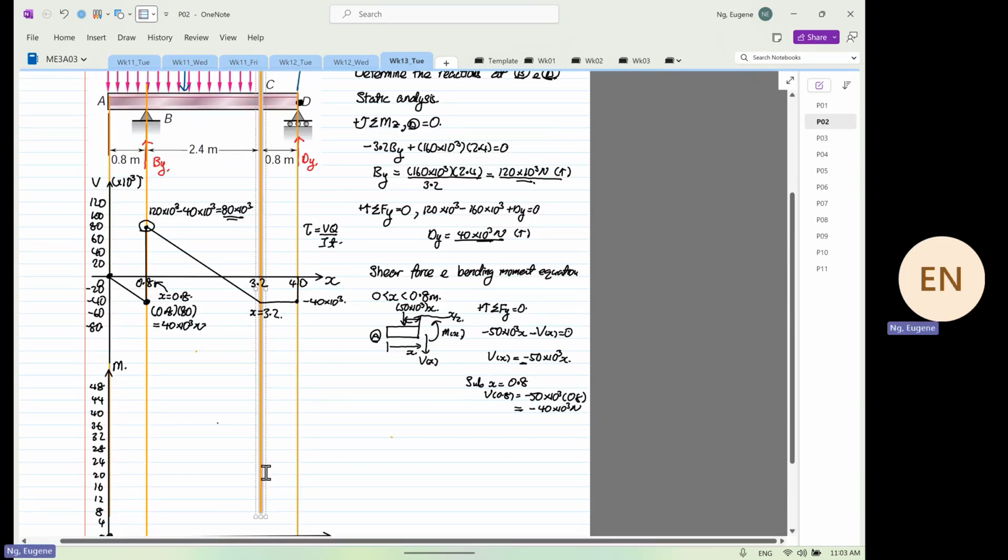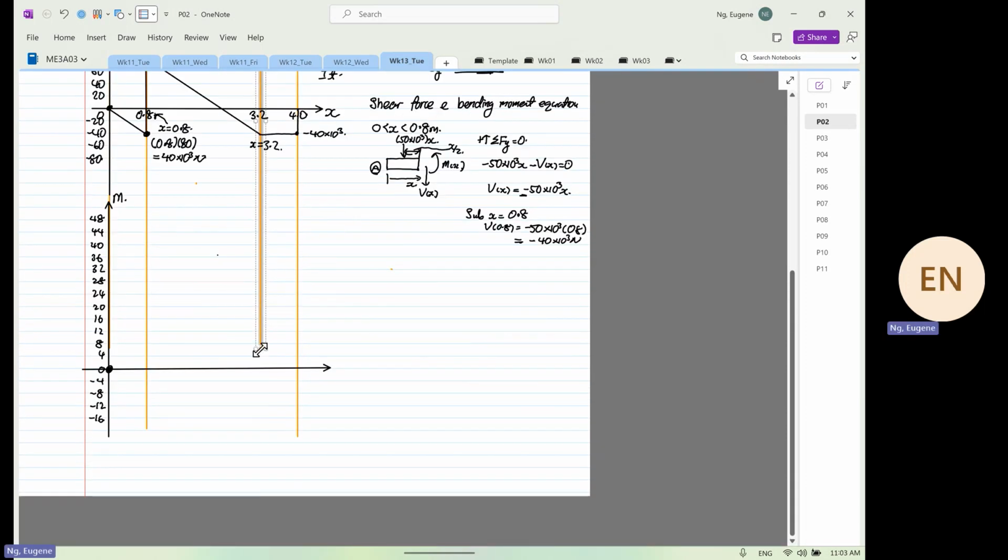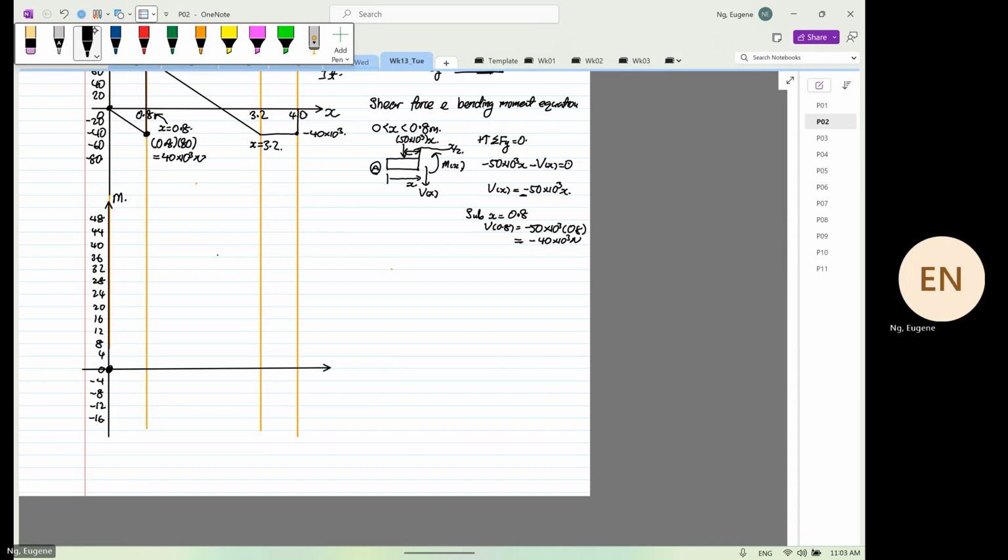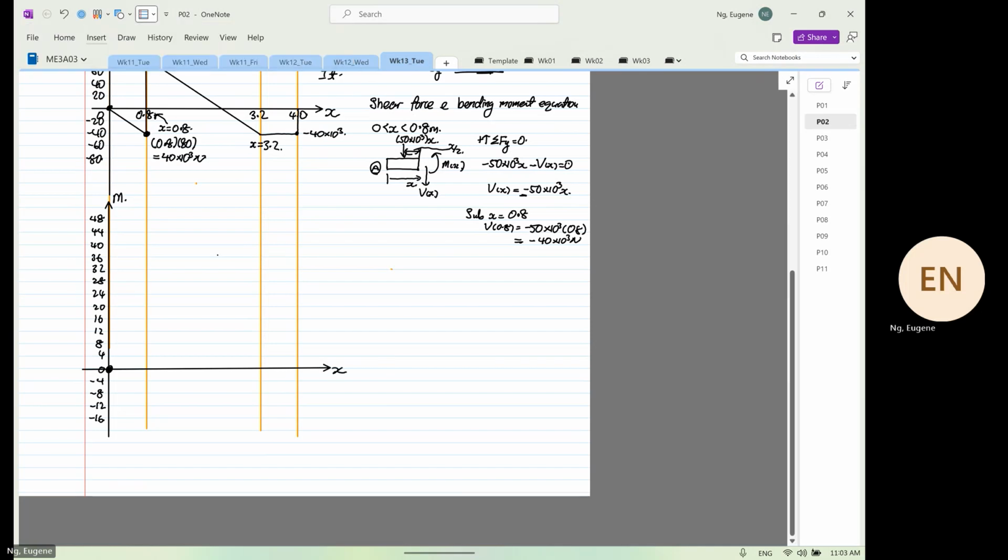This is our x: 0.8, 3.2, 4.0. So we can take the area of the shear force diagram to get our bending moment magnitude.